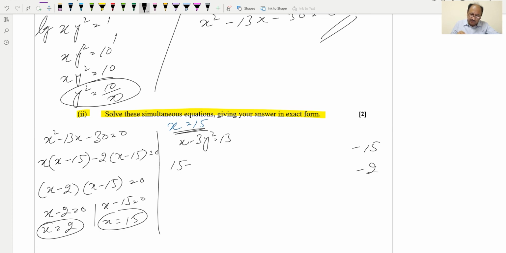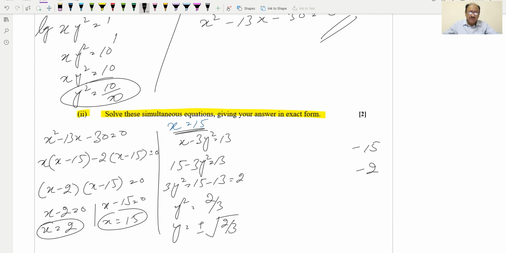So 15 minus 3y square is equal to 13. So 3y square is equal to 15 minus 13, which is equal to 2. So y square is equal to 3 by 2, no, 2 by 3 basically, 2 by 3, and y will be equal to plus minus under root 2 over 3, and this will be the value.